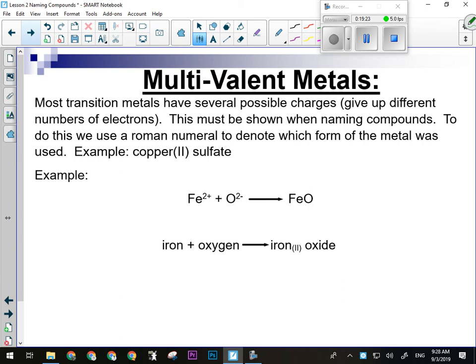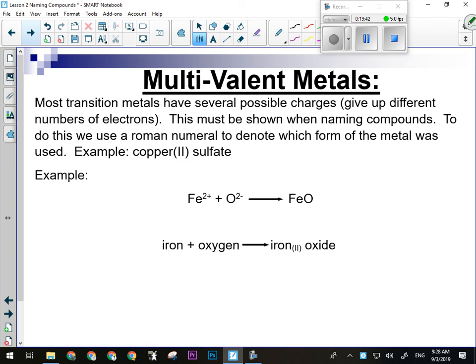Depending on their electron configuration, they may lose 1 or 2 or 2 or 3. So the issue here is naming, because from a naming perspective, the chemicals look the same.